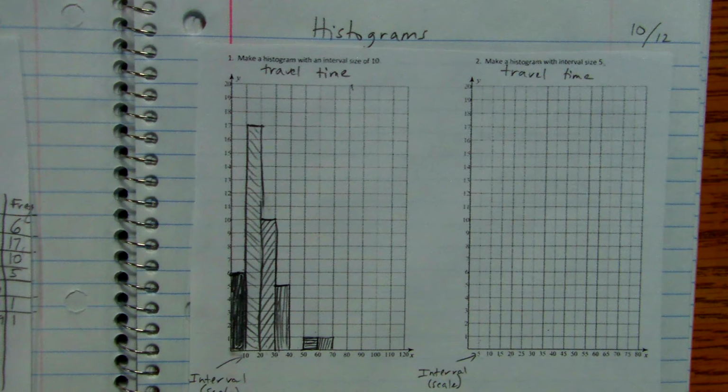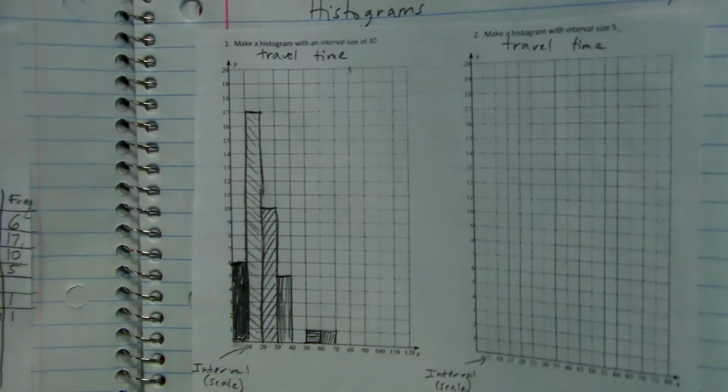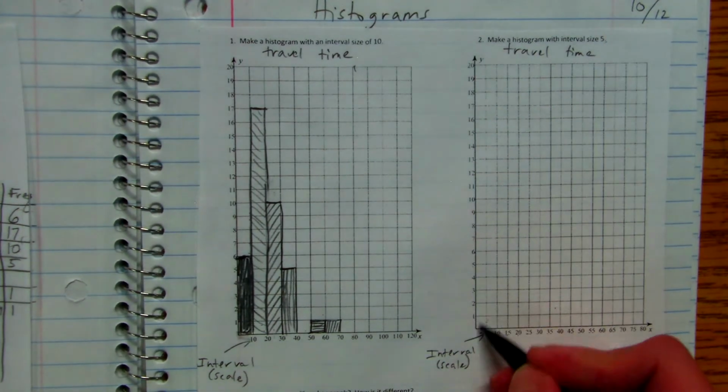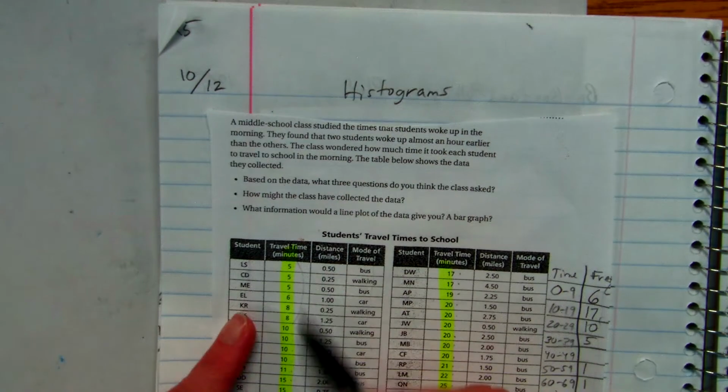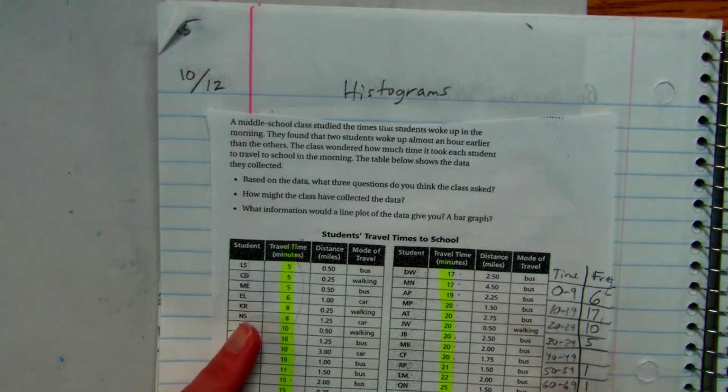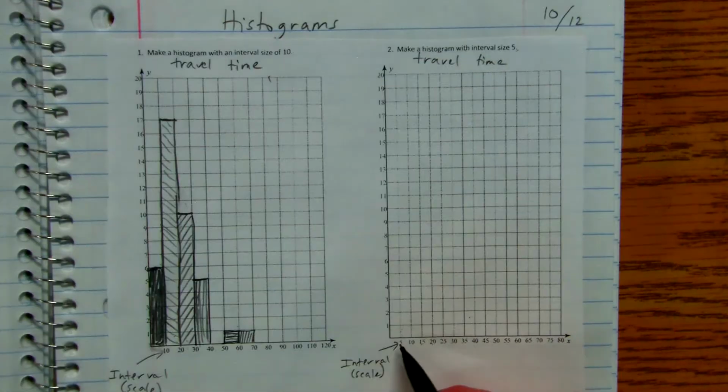So let's go back to our numbers. So our first bar is everything less than 5. Did we have any students over here that had less than 5 minutes? No. We had some with 5. Now 5 goes with the bar to the right of 5.